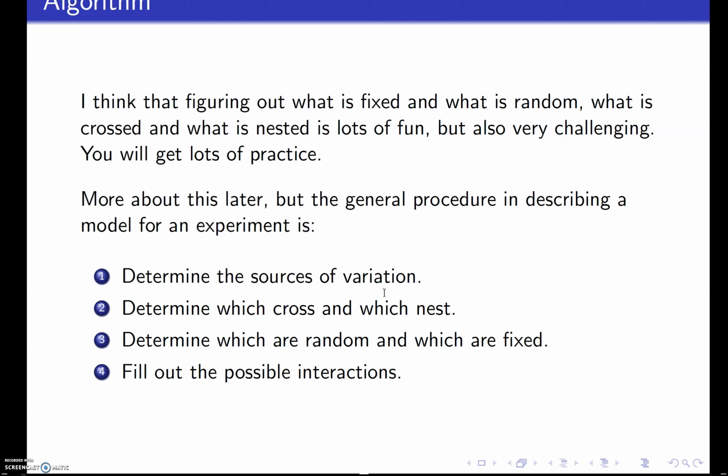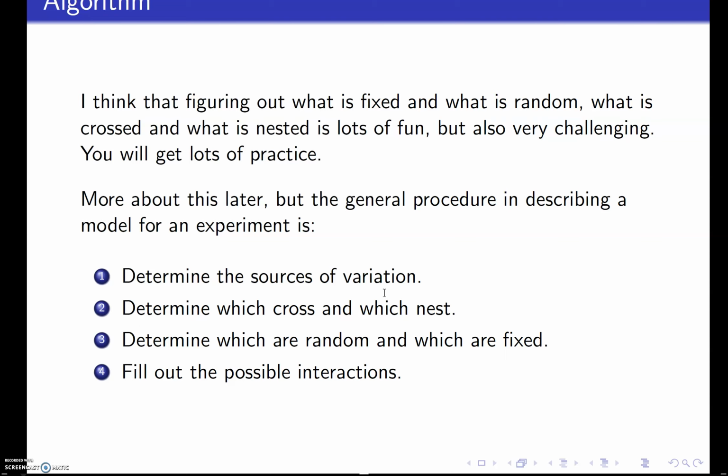Then you think about which are crossed and which are nested. So if you have students nested in a classroom, make note of that. I draw pictures a lot, especially when I'm talking with applied scientists. I draw a lot of pictures to show the difference between the crossed and nested. And maybe as you're learning this, drawing a picture of the factors and how they interact would be really useful. And that's going to relate actually to what we do next with the Hasse diagrams, okay?